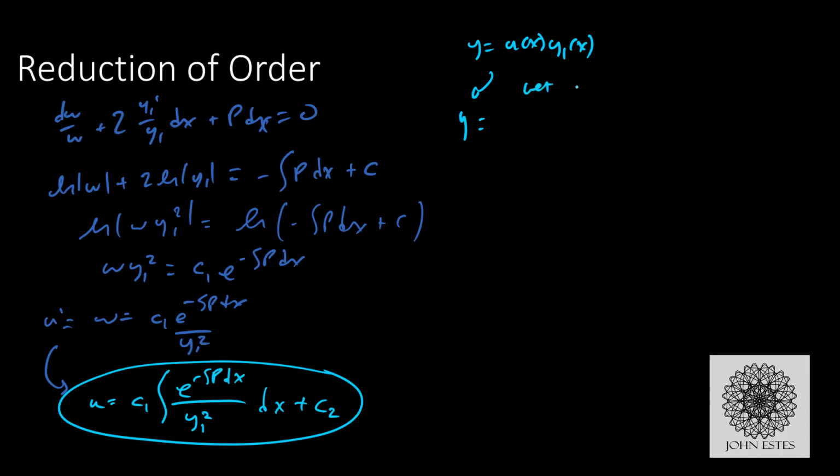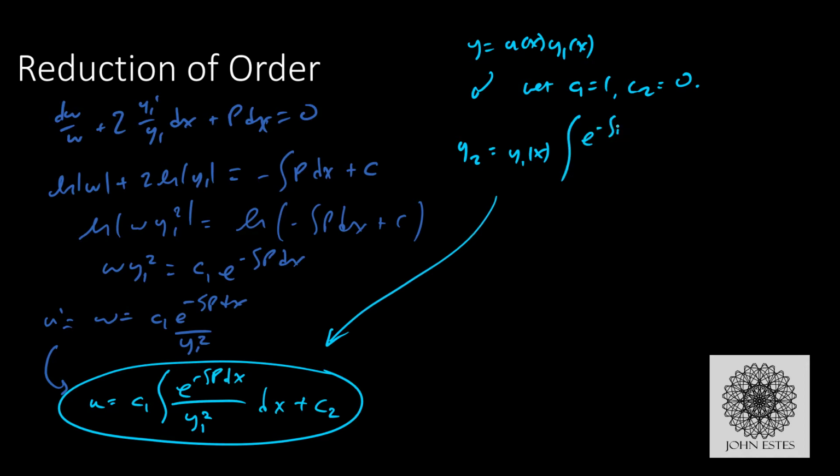So I'm going to let c1 be 1 and c2 equal 0. And if that's the case, I'll try to write this a little nicer. My y2 then is this y1 of x times this expression here. So that's going to be the integral of e to the negative integral of p of x dx all over y1 squared of x dx. And that's how you find your second solution.